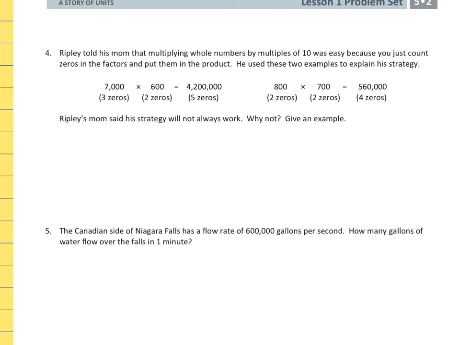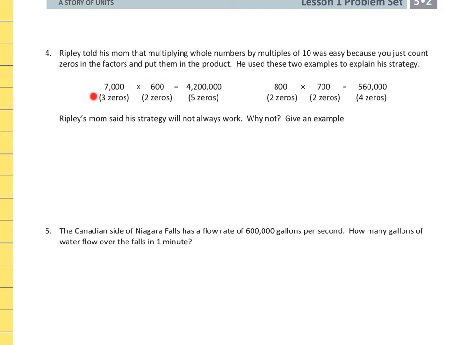Well, let's look at his strategy. 7,000 times 600 equals 4,200,000. Well, I'll tell you that 7 times 6 is 42. So he's right. So there's 3 zeros here, and there's 2 zeros here. So that means there should be 5 zeros behind 42, which he's correct.